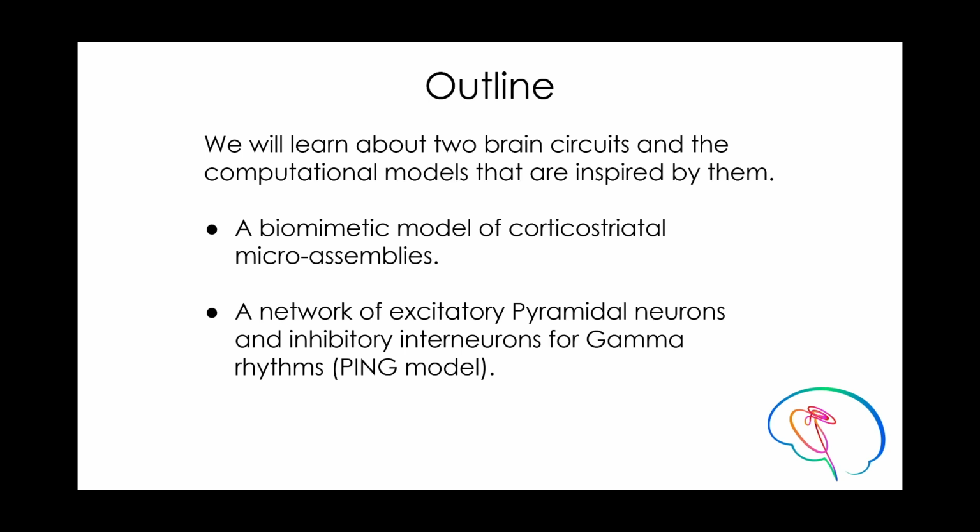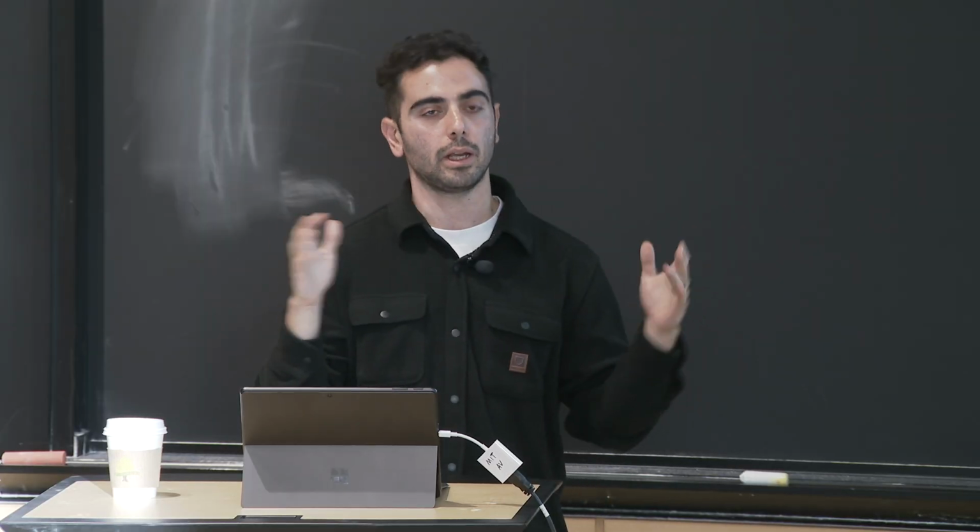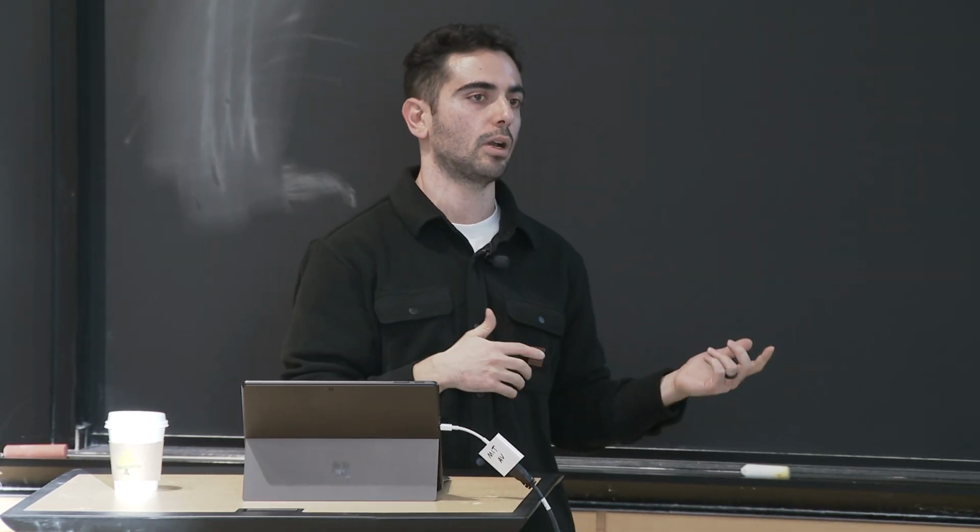The outline for this session is that we're going to go through two examples from the literature. The first one is from our own lab, developed by Anand, and that is a biomimetic model of cortical striatal microassemblies. You've seen the full model in Lilystock on the first day doing category learning.